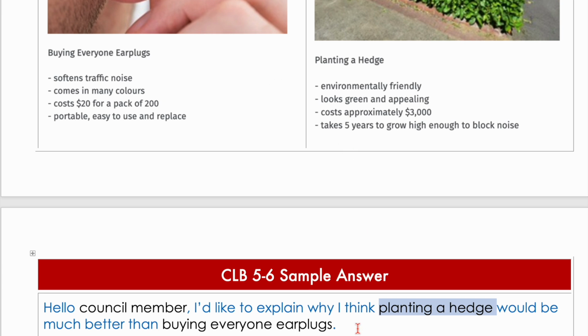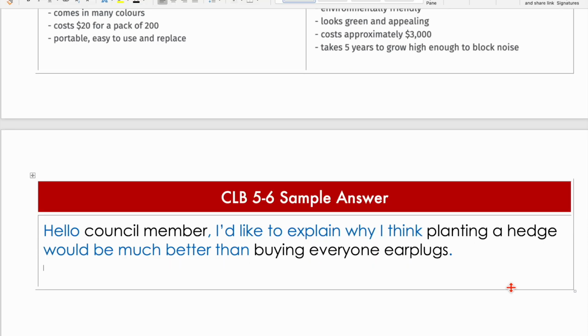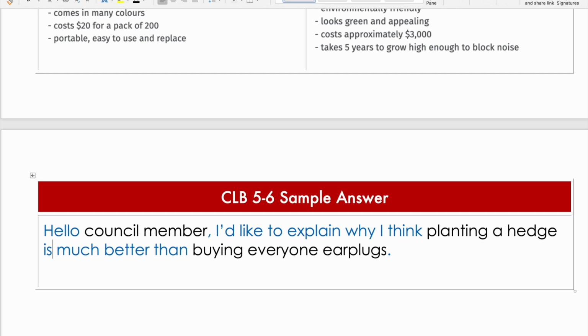So don't forget, everyone, that the blue is the structure. Would be much better, or you can say is better. You can say is here. It's not a problem. You can say is. So would be, let's make that bigger, would be means is in modals. Planting a hedge is much better than, that's correct.